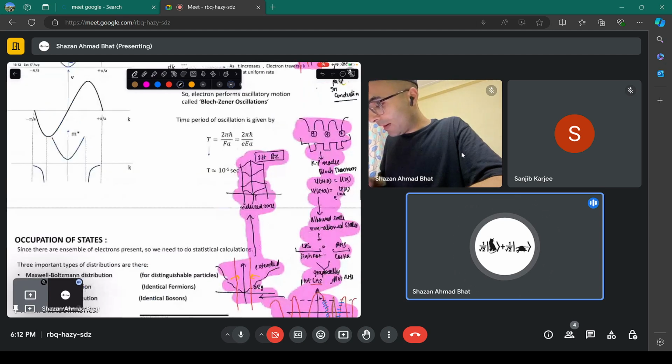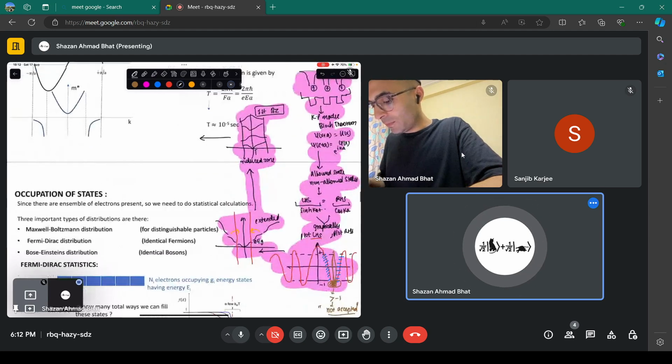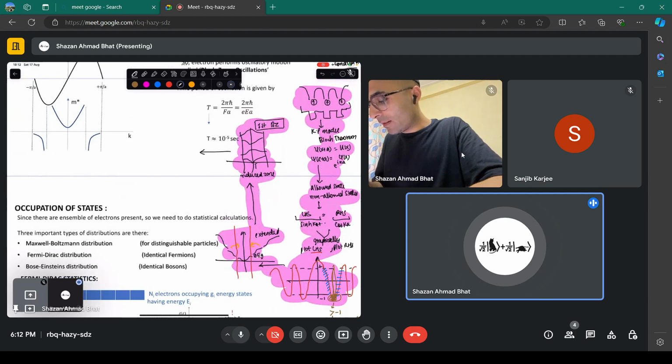And now we play with this reduced zone representation, and we don't consider these for conduction because the electrons here are tightly bound with the nucleus. They don't play a part in conduction. They are not as such free electrons. So the electrons of our interest lie somewhere maybe here. When they go here, they can play a role in conduction.